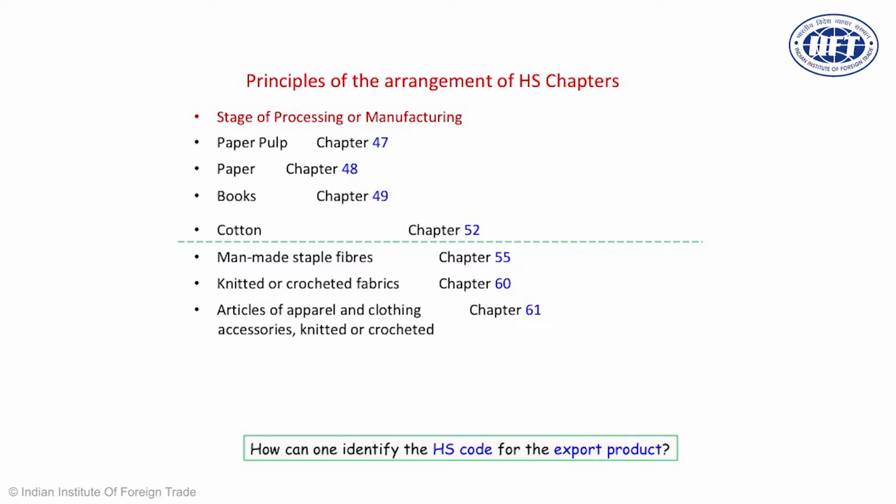That is, the less processed product would appear first and the final processed product would appear at the end. In a similar manner, we would find the cotton, yarn, fiber, fabric and garment, the same order we followed. So, anytime you are currently producing a product and are a little unsure about the exact HS code of that, you may try to identify the code by applying these principles in your mind.